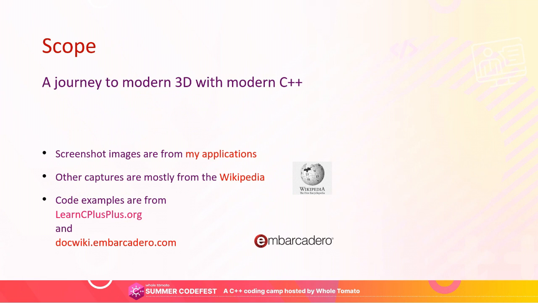Before starting my presentation, the screenshot images are from my applications. I will give you examples mostly in standard C++. Some are specific C++ Builder examples. I can say mostly they are compatible with any C++ compilers today. And I should note that the code is not optimized.